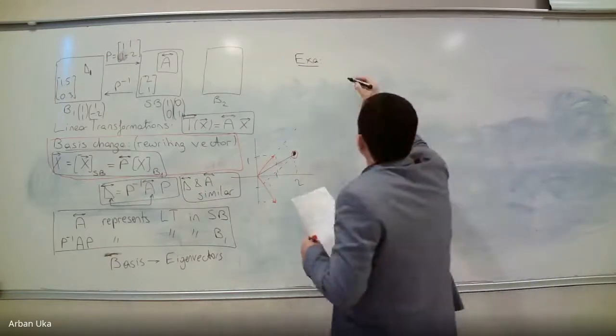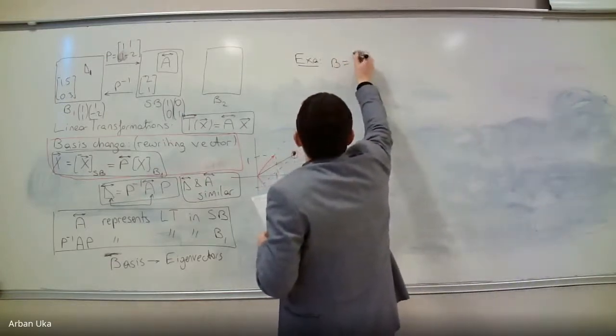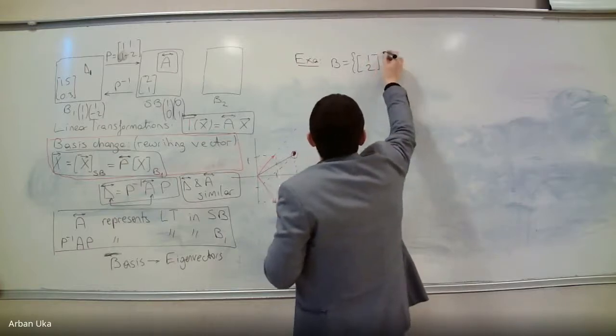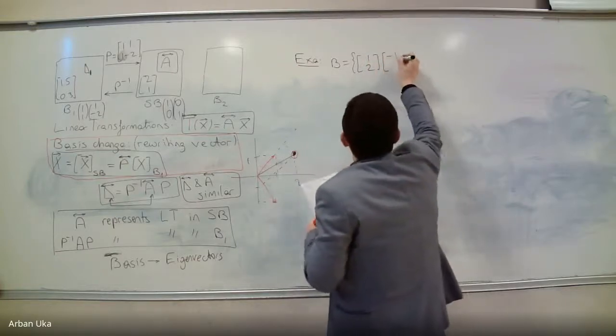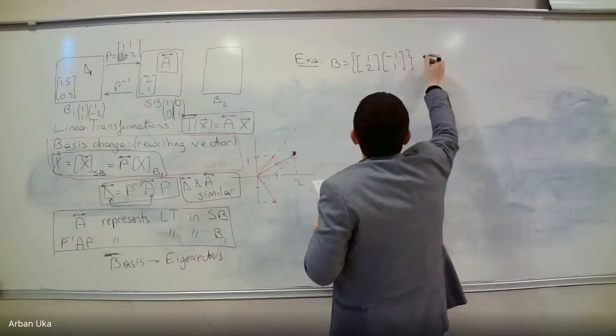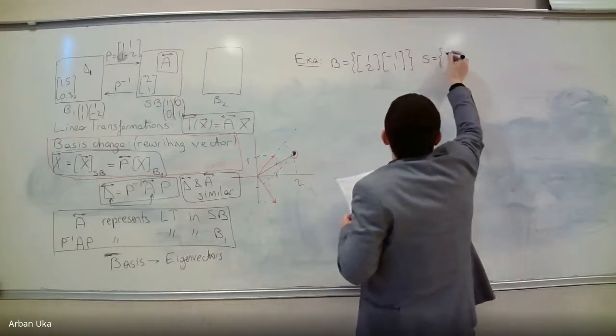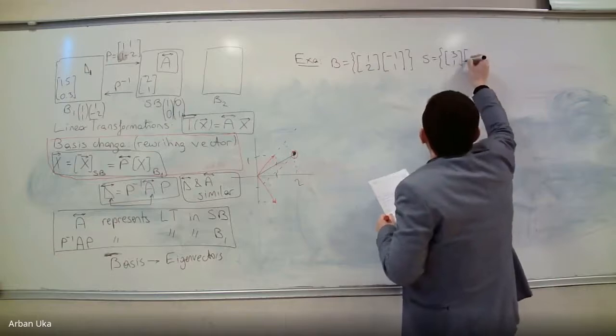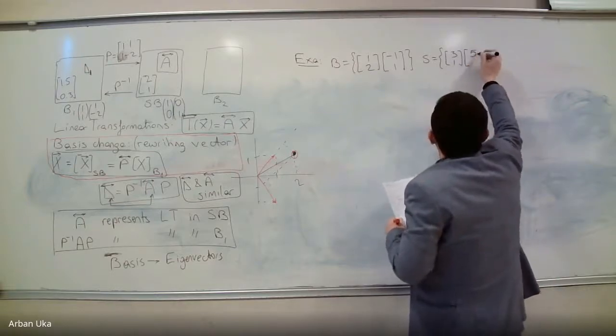Let's assume we have a basis B defined by the vectors (1, 2) and (-1, 1), and we have another basis S defined by (3, 1) and (5, 2).